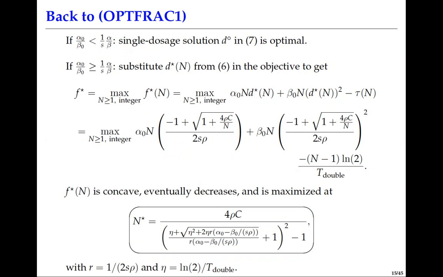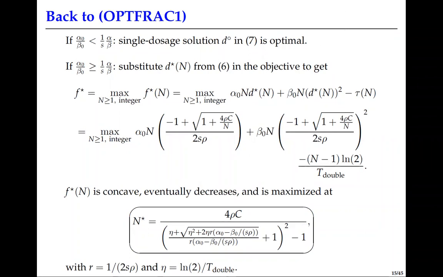I also had a constraint that the optimal n has to be less than or equal to n max, so I can incorporate that in my final optimal solution. That's the idea, and this is how you can solve that problem exactly when there is a single normal tissue and a single modality.